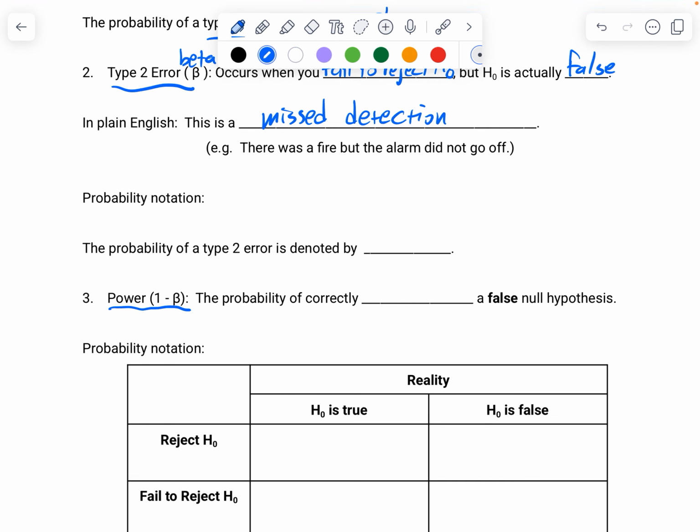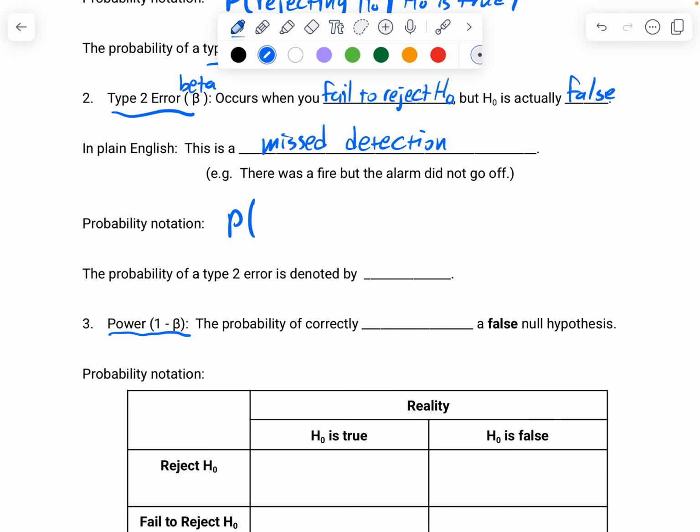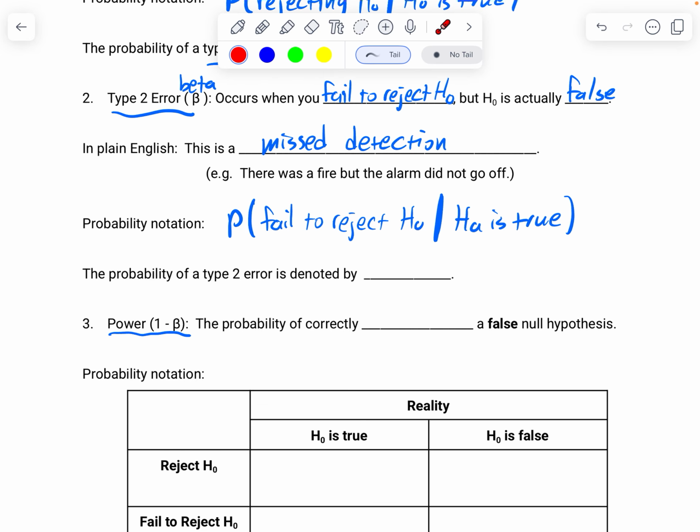In probability notation, this is the probability of failing to reject H0 given that HA is true. That's another way of saying H0 is actually false, right? If H0 is false, that means HA is true.